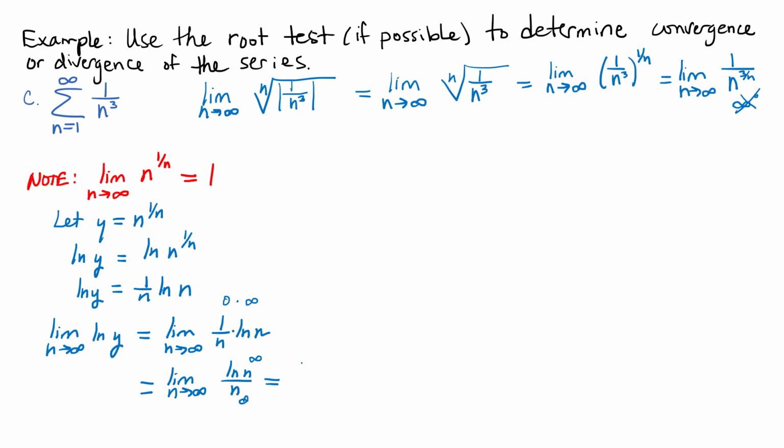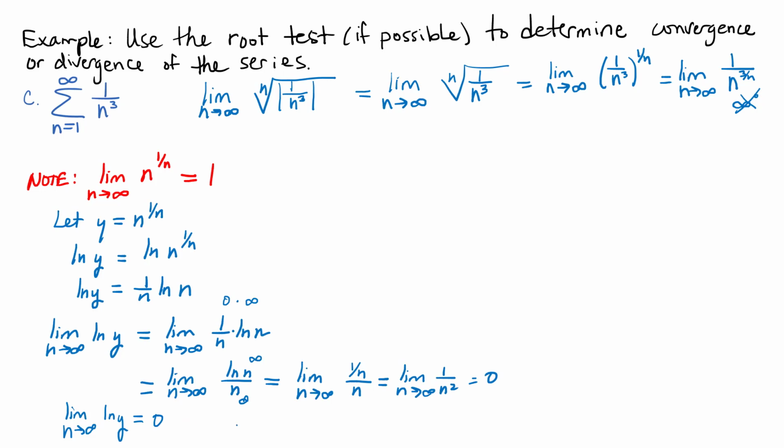So that would be the limit as n goes to infinity of 1 over n, which is going to be the limit as n goes to infinity of 1 over n squared, or 0. So what we just found is that the limit as n goes to infinity of the natural log of y is equal to 0.